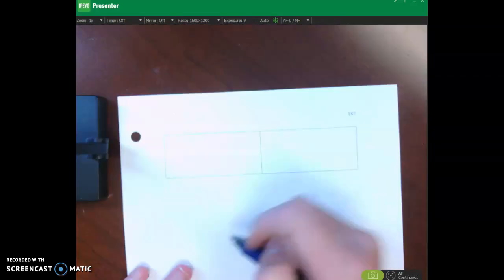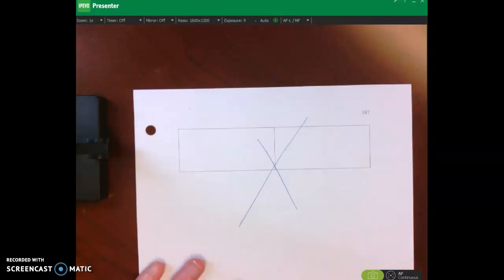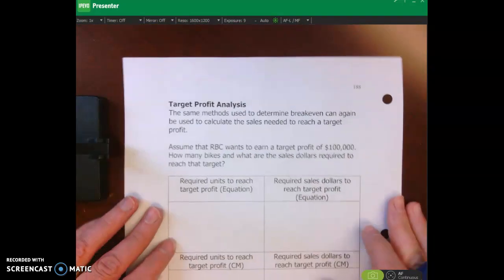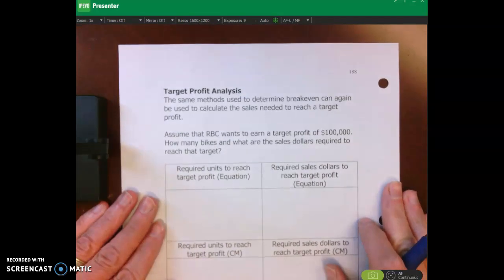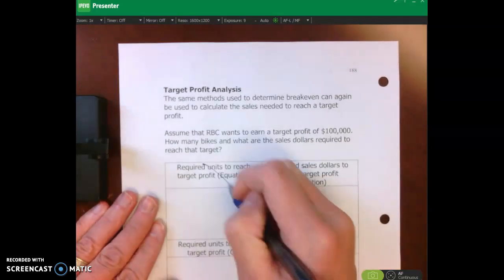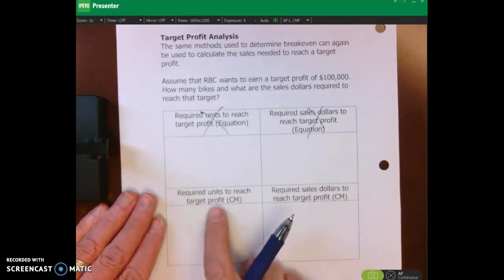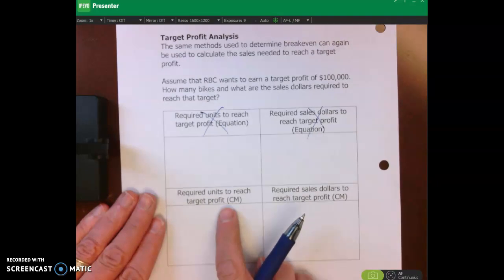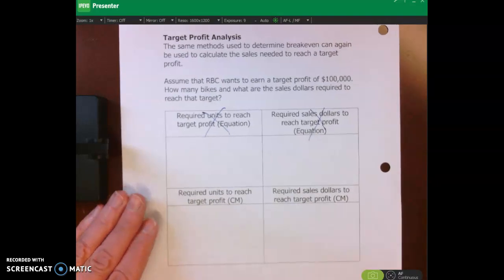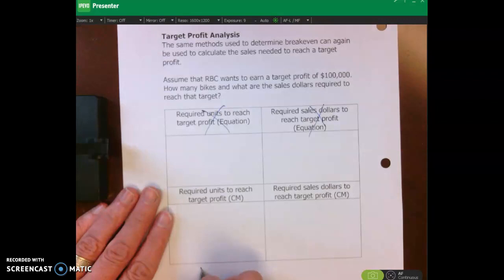Page 187. Let's not worry about that. Let's go over here to page 188. Okay, so let's look at target profit. I'm going to get rid of this equation method over here. So we have the required units to reach the target profit using our formula that I just talked about. Our formula of fixed expenses, I'll write it out.